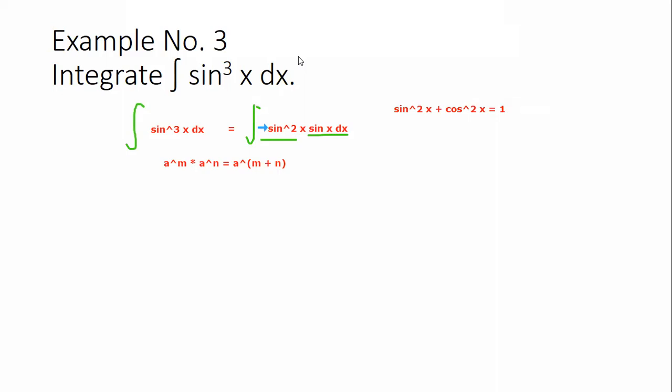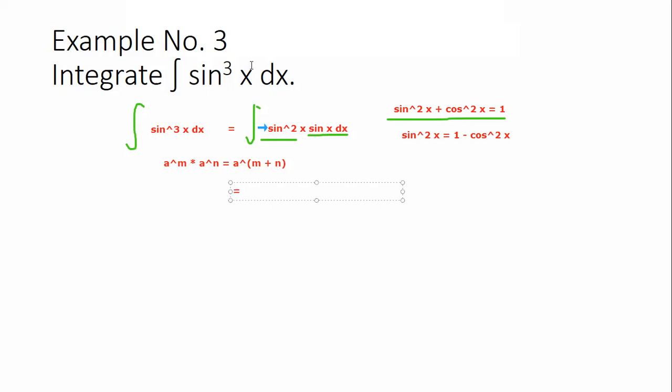So we use the subtraction property, subtracting cosine squared x from both sides of the equation. So sine squared x equals 1 minus cosine squared of x. This is the function that we're going to use for this trigonometric integral.